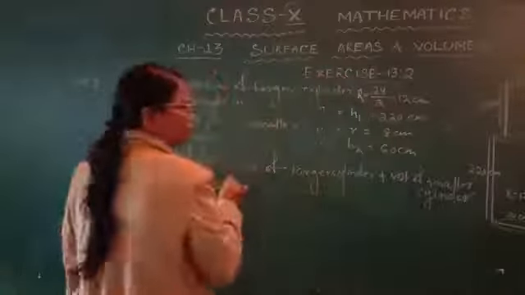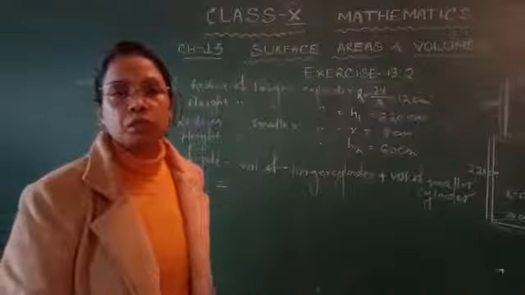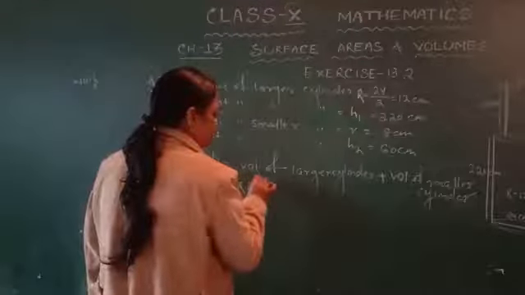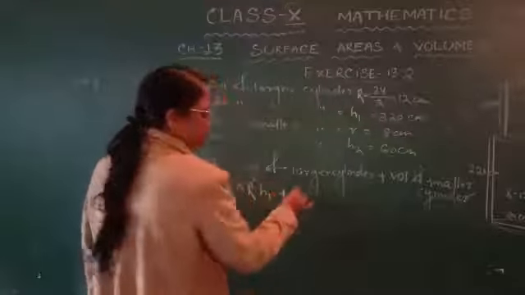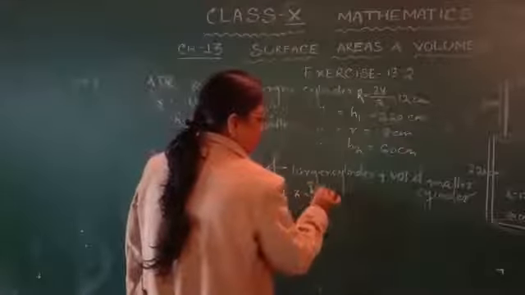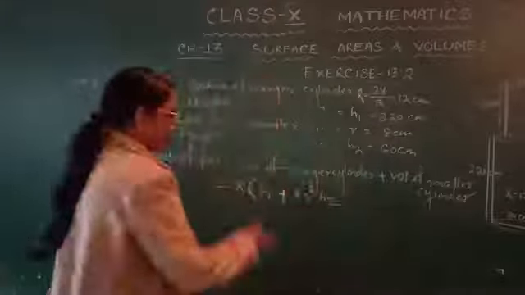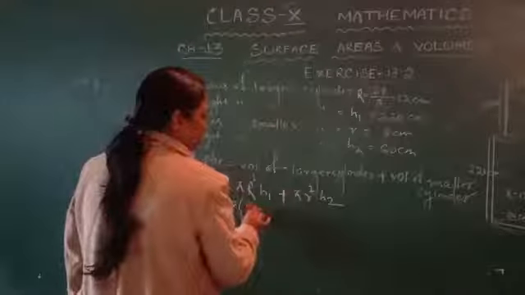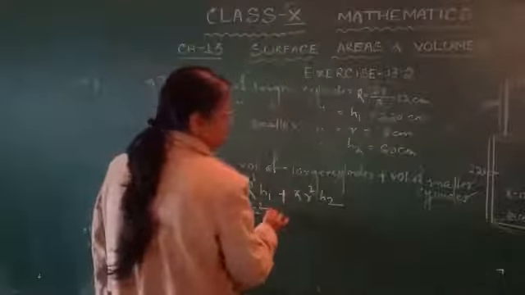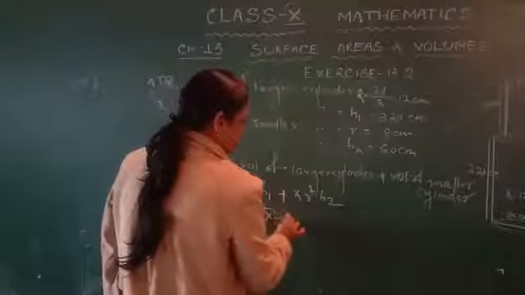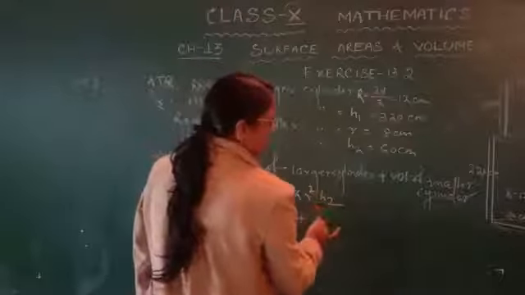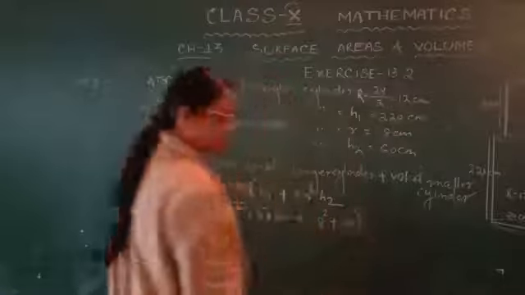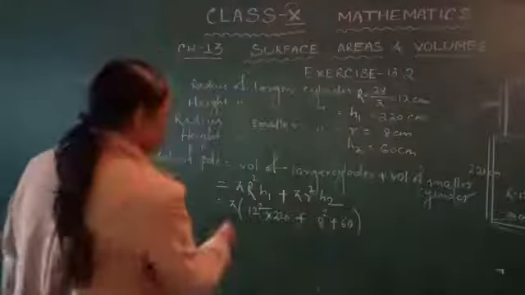Now what is the volume of a cylinder? Pi r square h: pi capital R square h1 plus pi small r square h2. Here we can take pi common. So R square, that is 12 square into h1, 220, plus r square, here it is 8 square into 60.